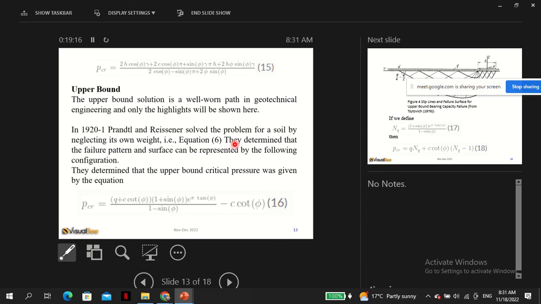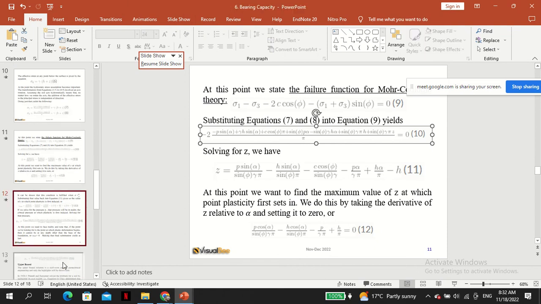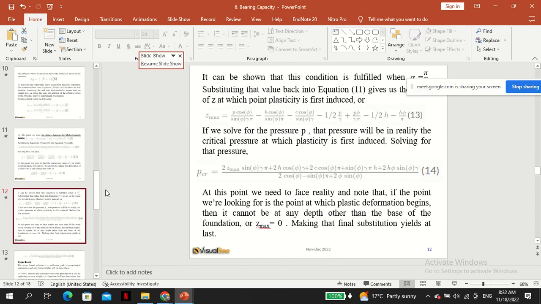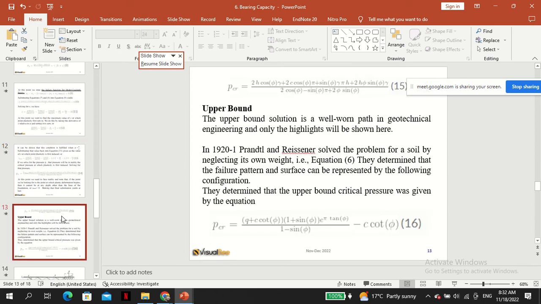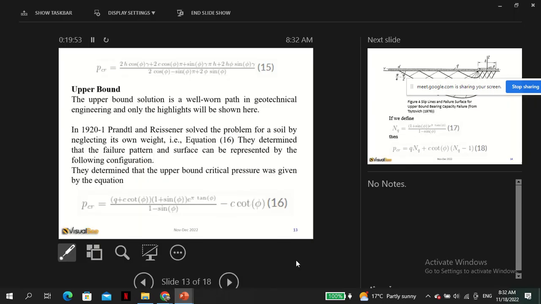For the upper bound solution, which is well known in geotechnical engineering, only the highlights will be shown here. In 1920, Prandtl and Reissner solved the problem for soil by neglecting its own weight, equation 16.